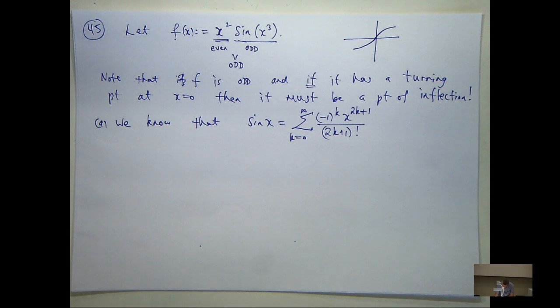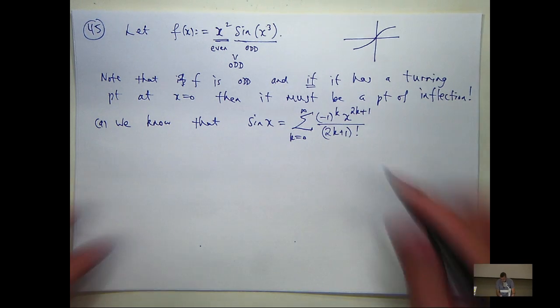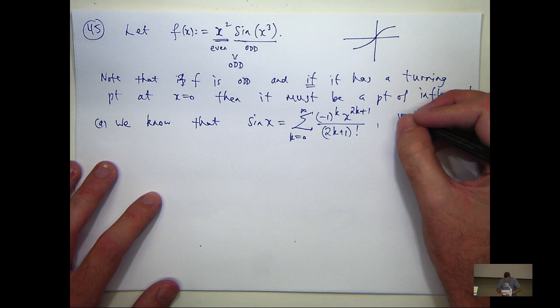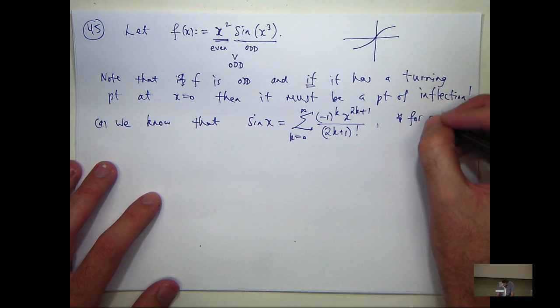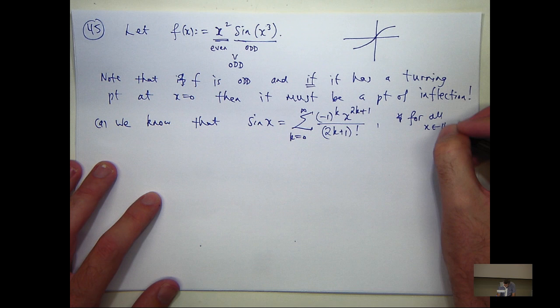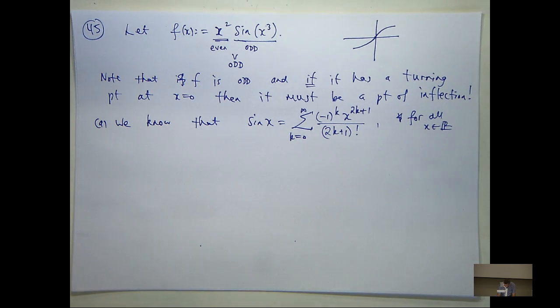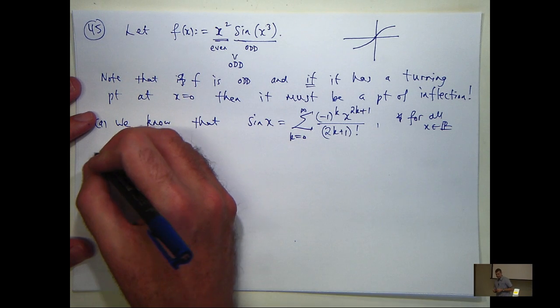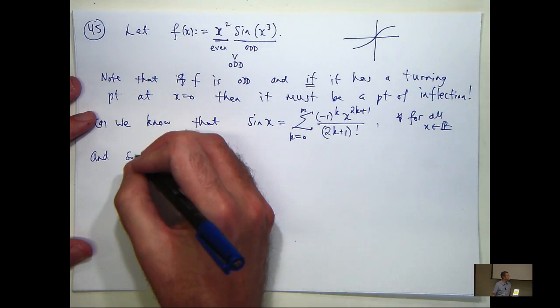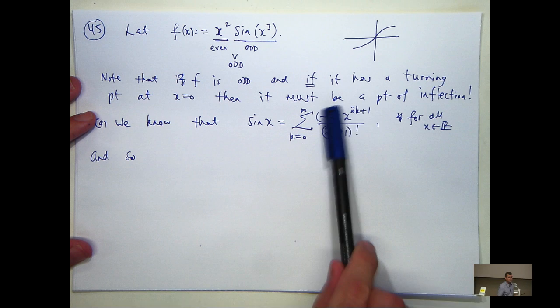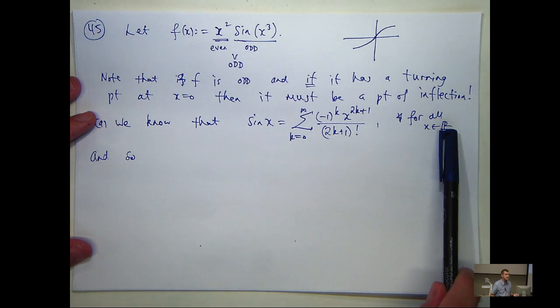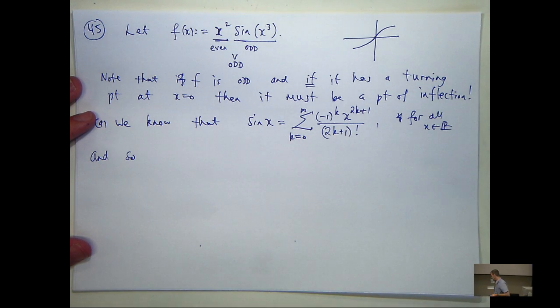Is it all values of x? It is. You can use the ratio test to test that. So you should know these special expansions and their domain of definition, right? That's something that can really do good things for you.